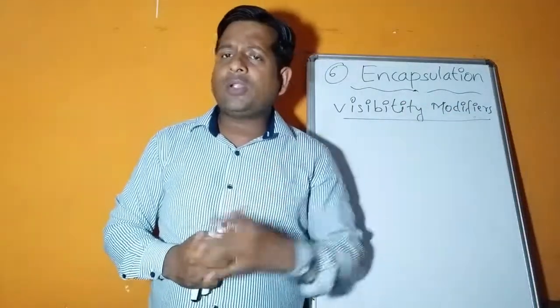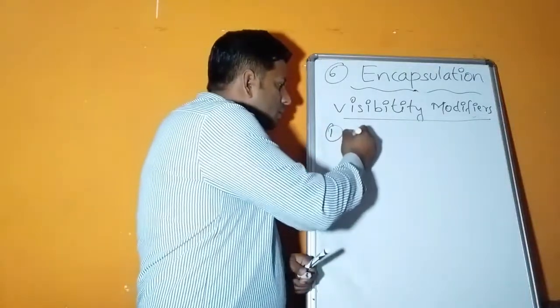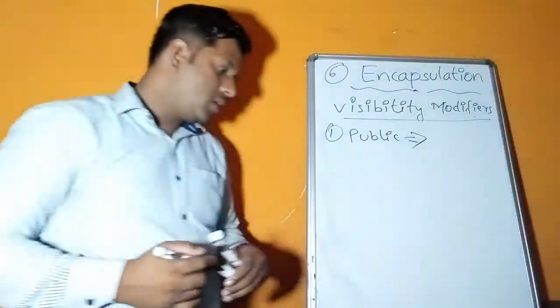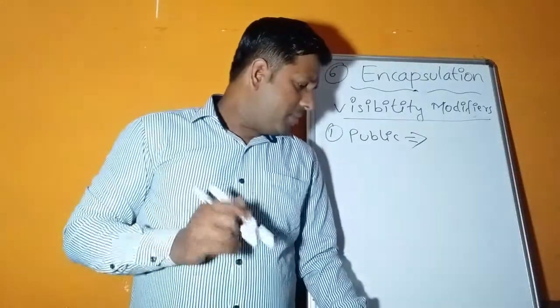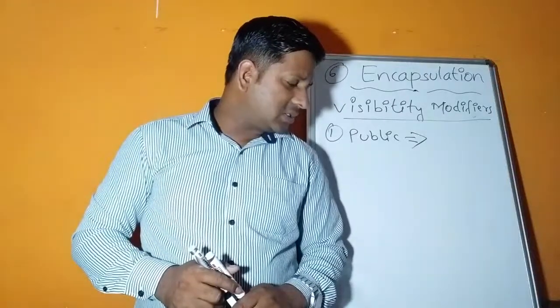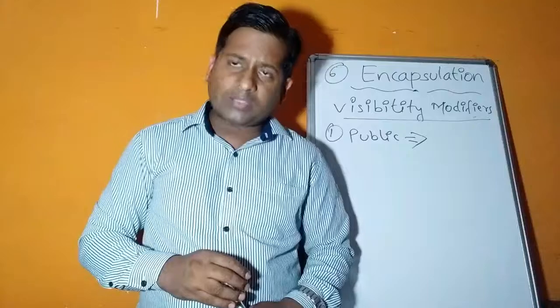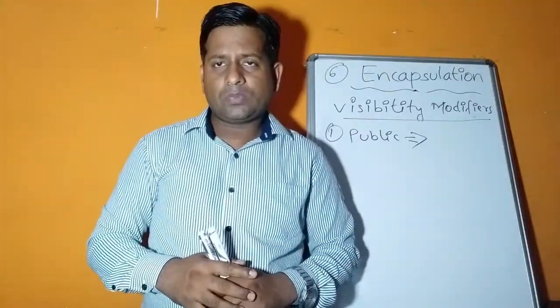We have four different types of visibility modifiers. Number one, public. So children, the member is accessible from all classes inside or outside the package.